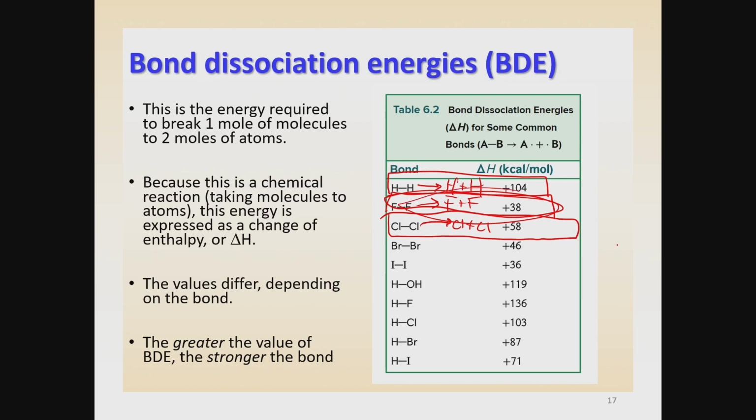So we might say the bond between the two fluorine atoms is relatively weak. On the other hand, we needed a lot of energy to break up diatomic hydrogen into individual hydrogen atoms. So here we might say that this bond, which requires so much energy to separate the molecule into hydrogen atoms, is a much stronger bond.